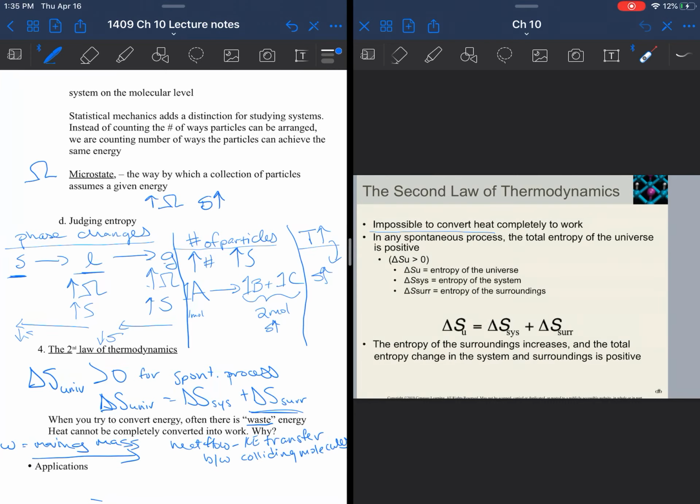They're not all flowing in one straight line. So you wind up getting some collisions and transferring heat in a direction that you're not trying to, that's not going to be helpful. So you are always going to lose some energy there when you are trying to convert energy.